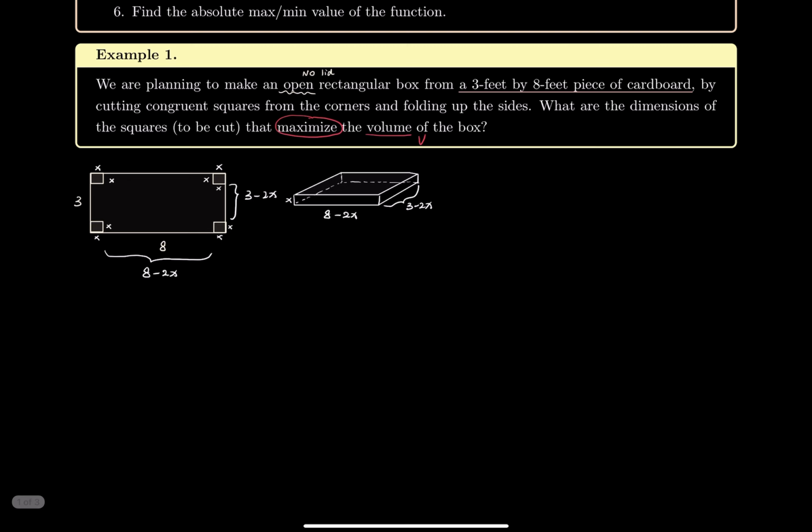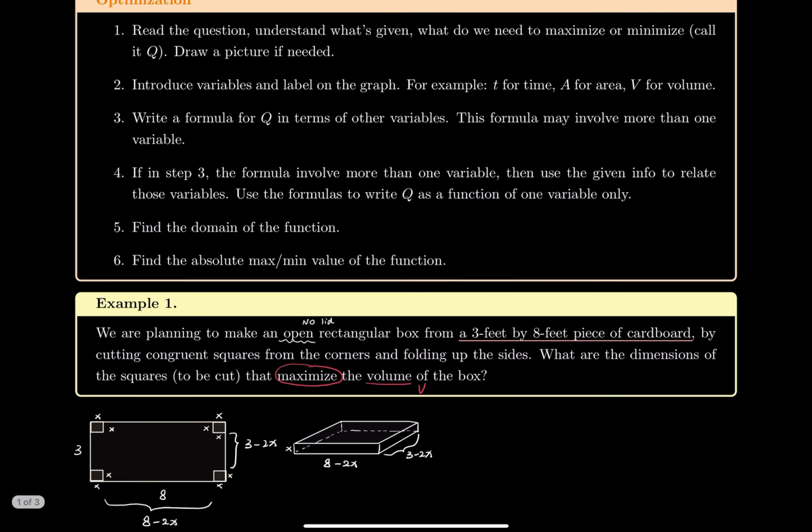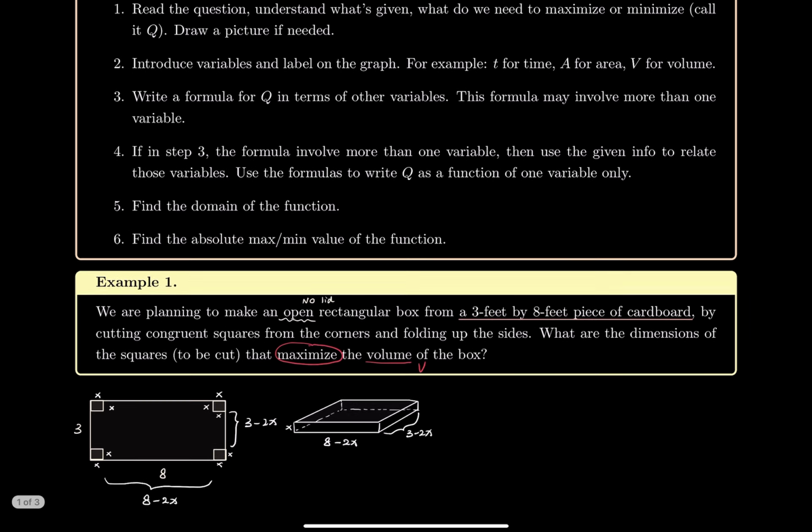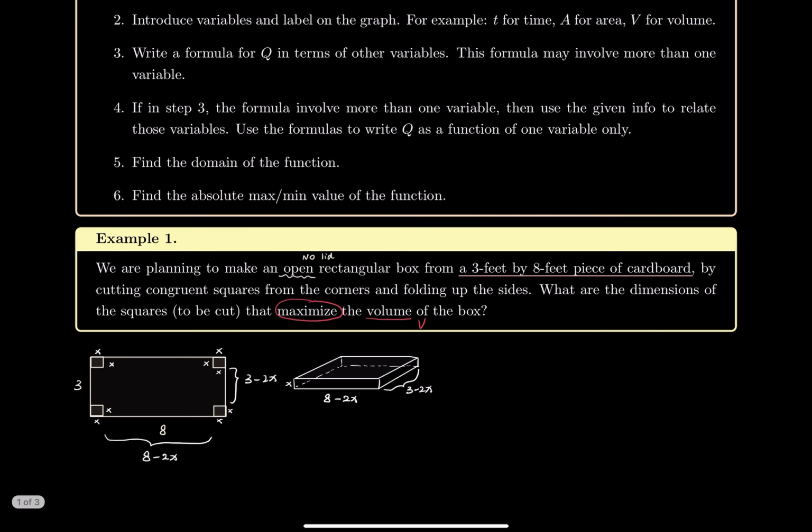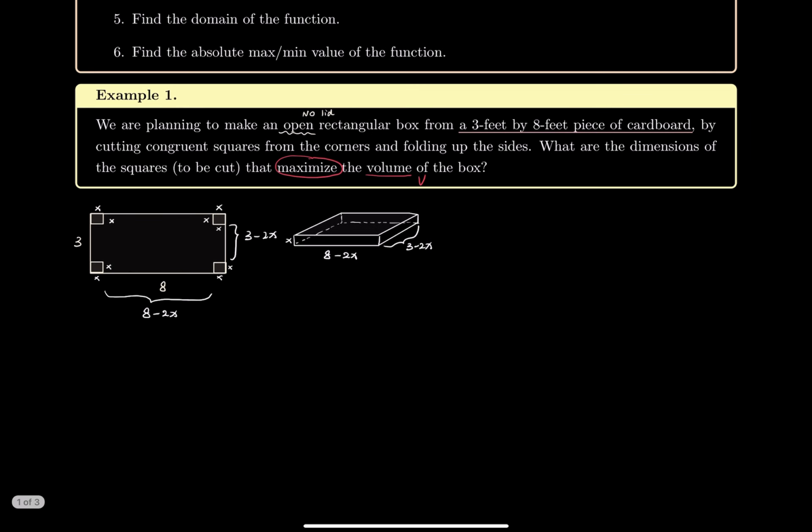So now I have all the info. I read the question, I understand, I introduced variables, I labeled them on the graph, I have everything. Now you can start doing the question. Technically you should define your variables. I used x here, I should define it. I used V here, I should also define it. So let's define that first before we do anything.